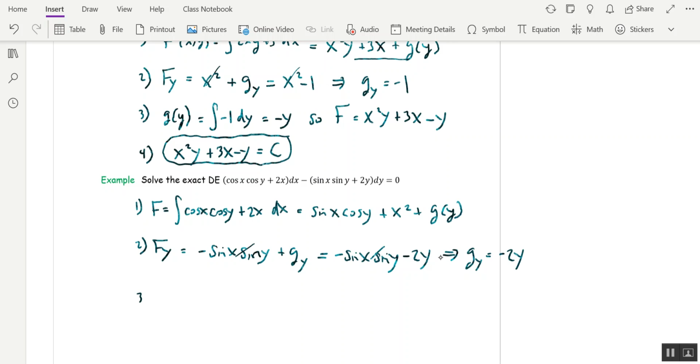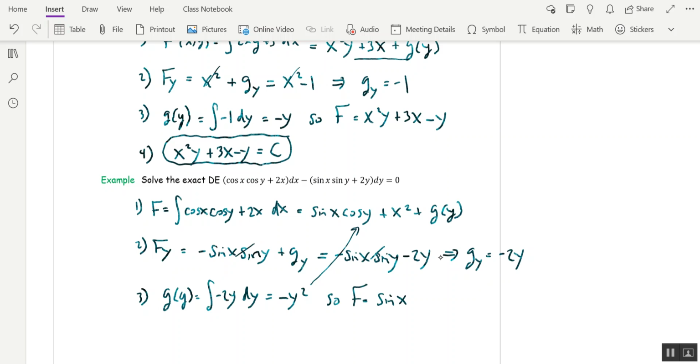So step 3, I can recover g. G of y is the integral of negative 2y dy, which is negative y squared. So put that up here into big F. Big F is, just be careful when you do this because it's easy to just look back and plug into the wrong thing. So make sure you're plugging into the correct expression.